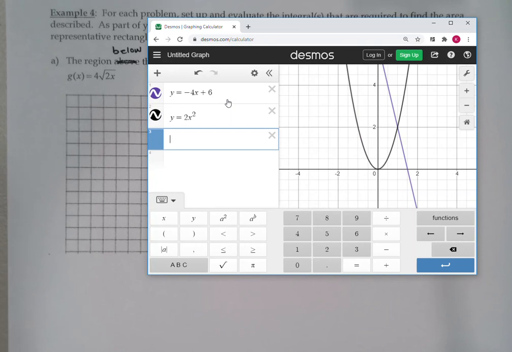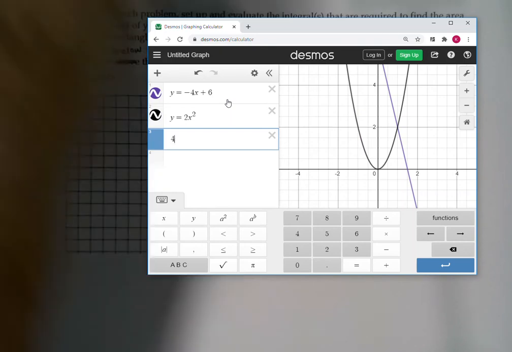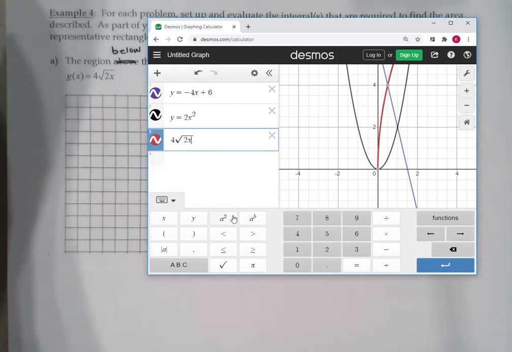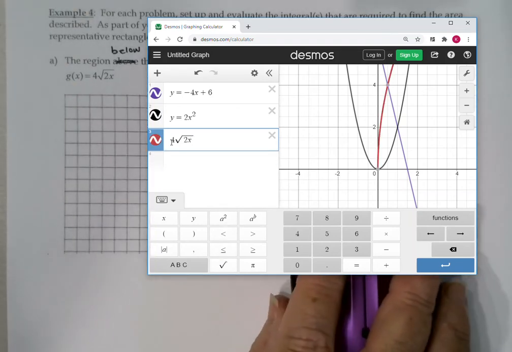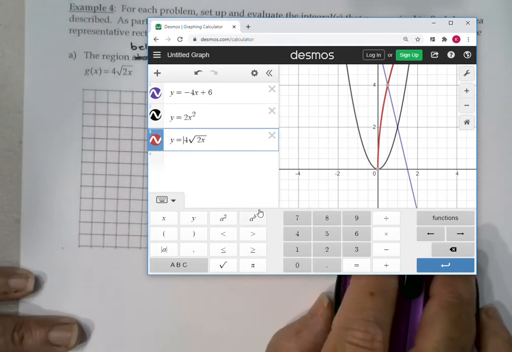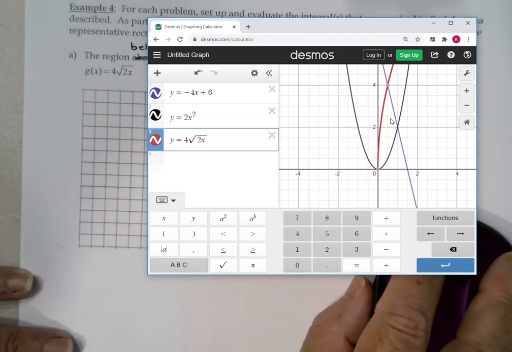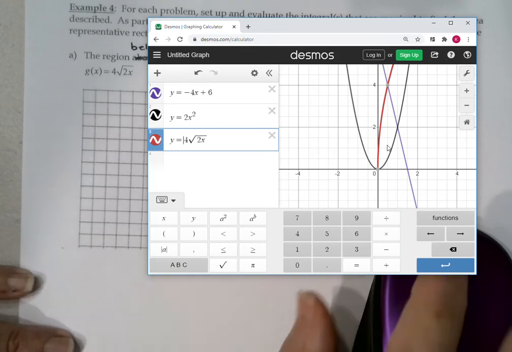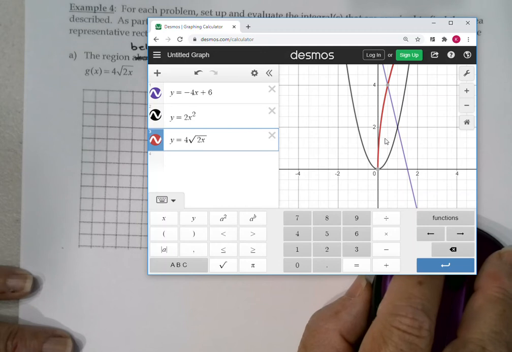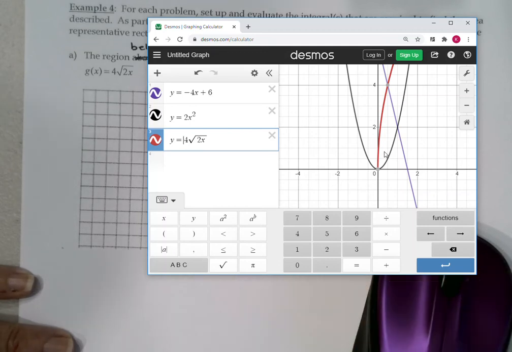And then finally I've got the square root curve, 4 times the square root of 2x. Just to be consistent, I'm going to put y equals there as well. All right, so I can see this region in here. It's going to be my area that I'm trying to find. It's below this line, and then it's also bounded by both the square root graph and the parabola.